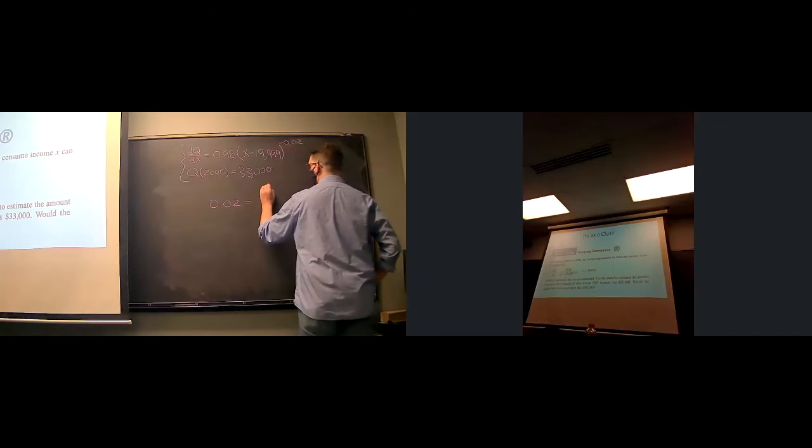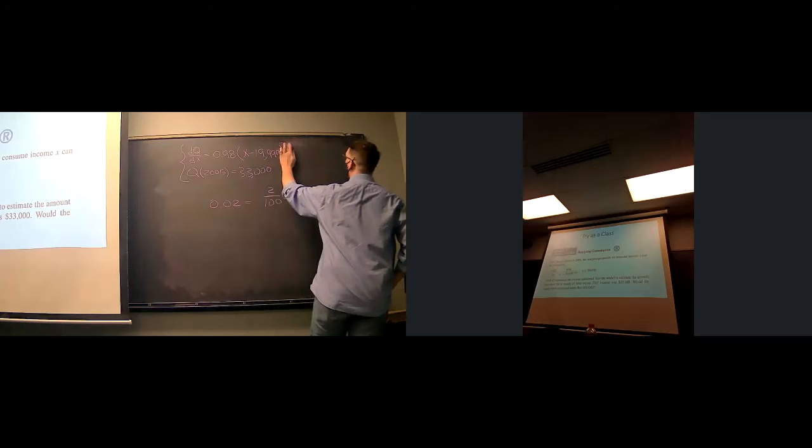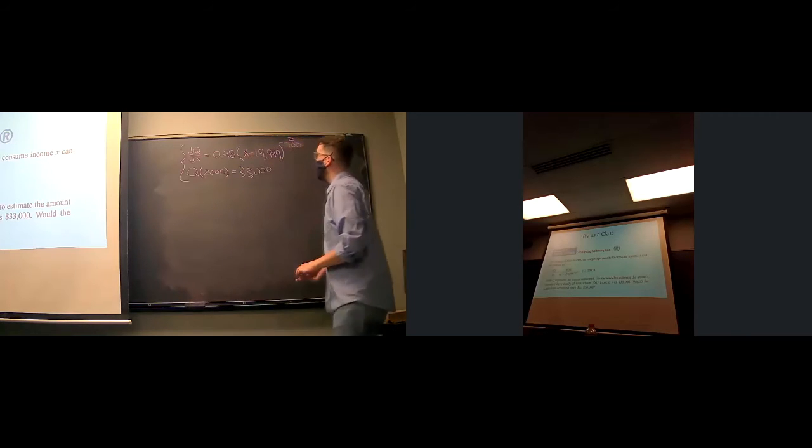Really quick, it's going to be convenient for us to rewrite that decimal power as a fraction. So let's go ahead and just do that now. Since 0.02 is equal to 2 over 100, you can rewrite this as 2 over 100. Just makes it that much easier for us to deal with down the road. So we want to integrate this.